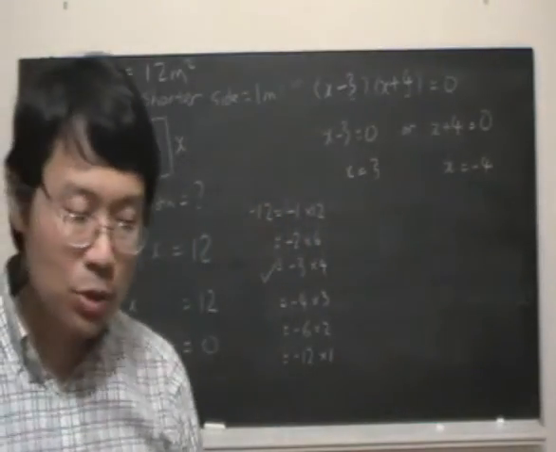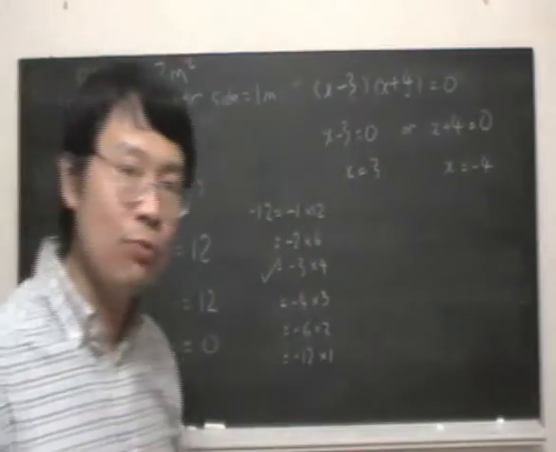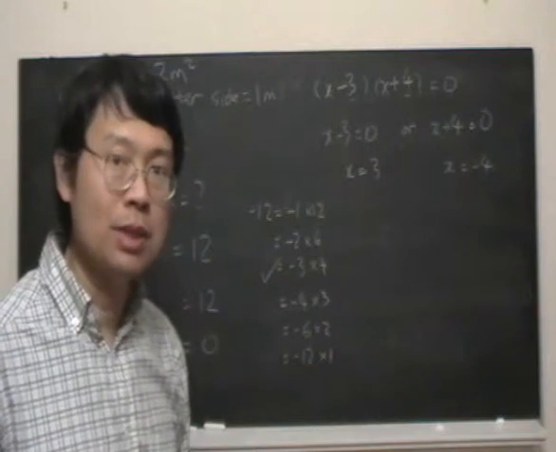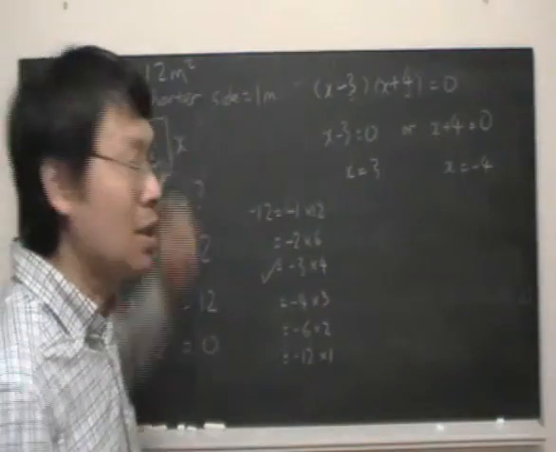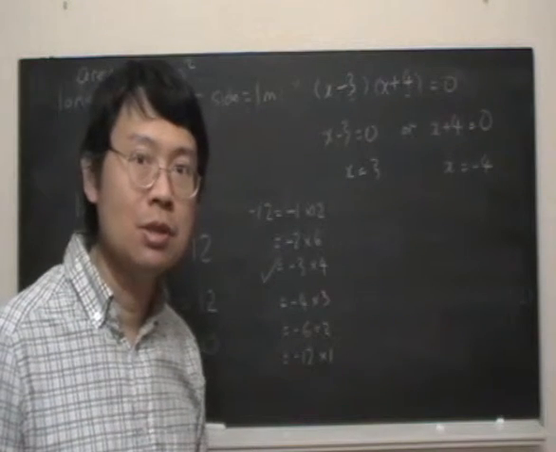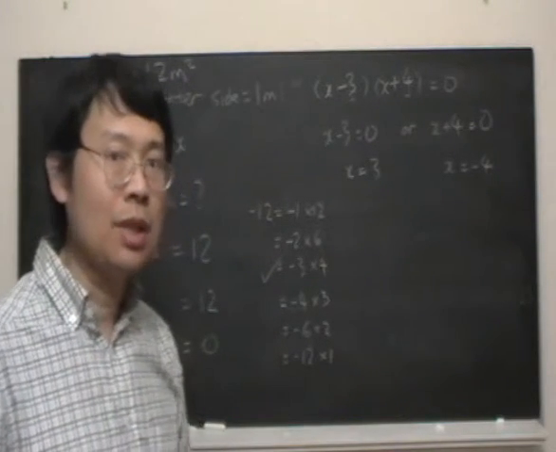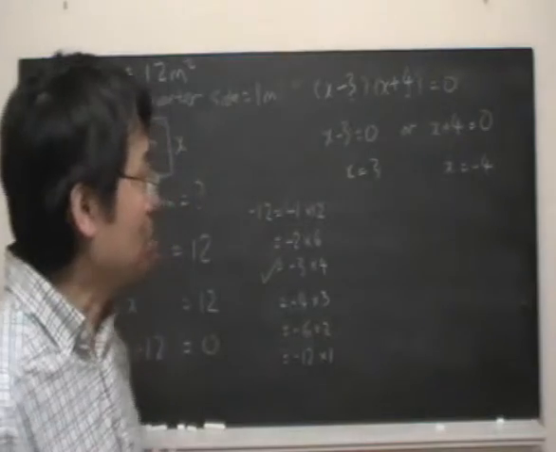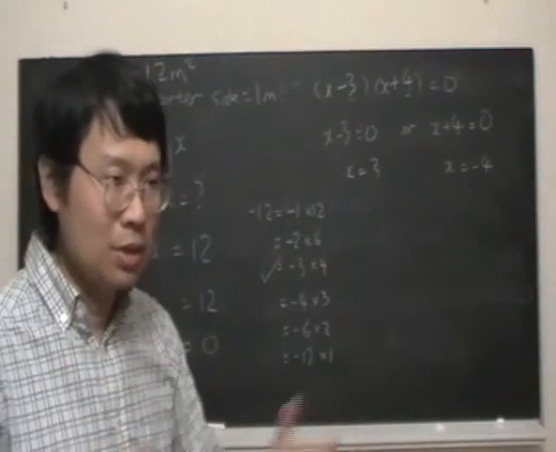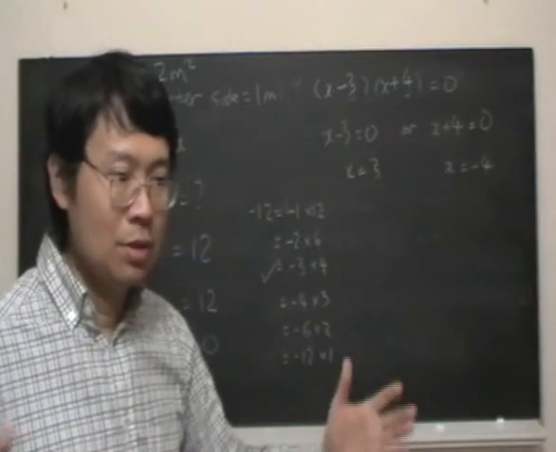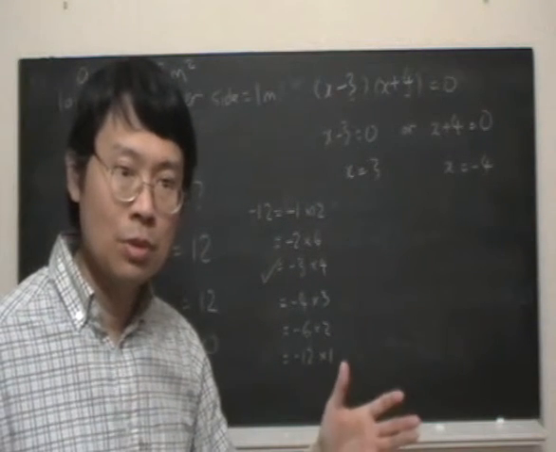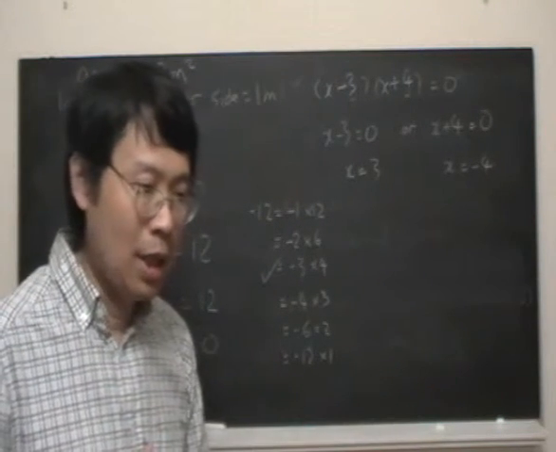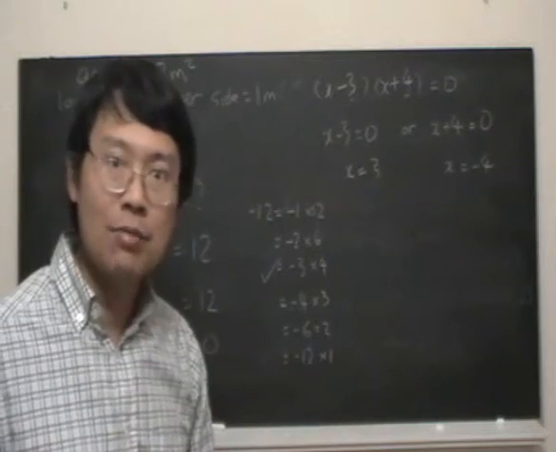Now if you think about it, minus 4 meters does not make sense. How can you have a room that is a negative number of meters? That can't be right. A room must have a certain number of meters long or wide, and that can't be a negative number.